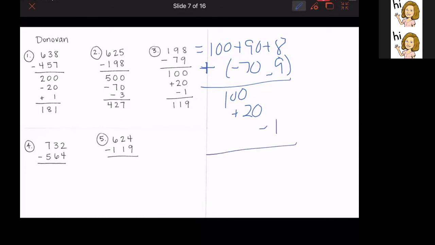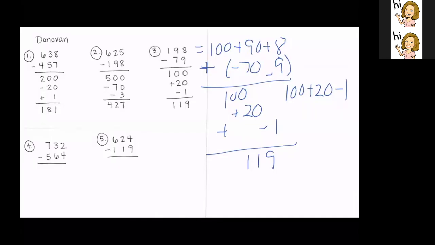And so I want you to see how by understanding the intimate relationship, or the inverse relationship, between addition and subtraction, right? That's why we can add all these numbers. 8 minus 9 is the same as 8 plus a negative 9. And so this gives us 120, but minus 1. And so that's 119. And maybe if we wrote it as 100 plus 20 minus 1, right? Now we could see where that 119 comes from.